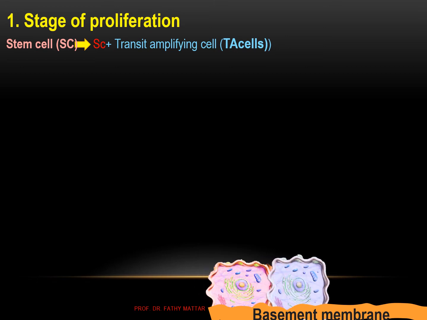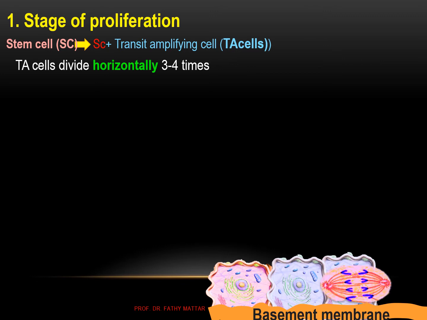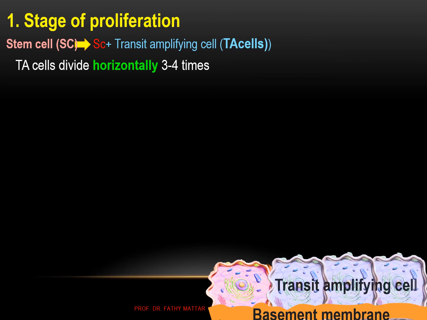Both of them are attached to the basement membrane, and so the division is a horizontal division. The transit amplifying cell can divide 3 to 4 times horizontally to give cells also attached to the basement membrane, or basal lamina.